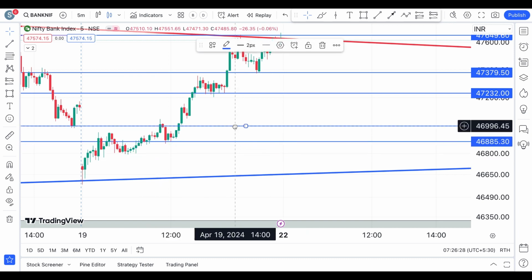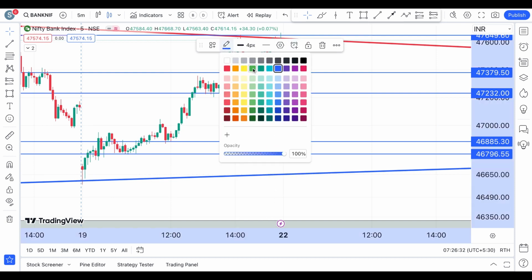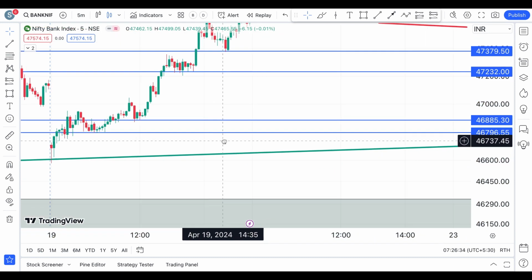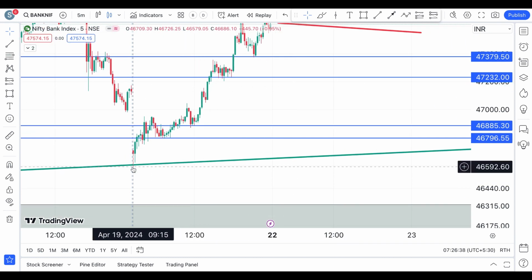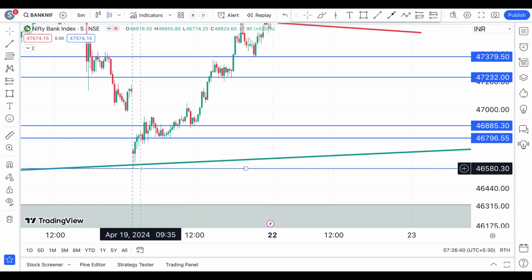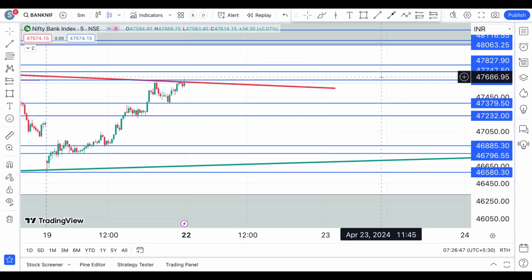And this trend line itself acted as support, so that's now in green, and this resistance is in red. The bottommost part of this needle, this hammer candle, all these levels are important levels for Bank Nifty.